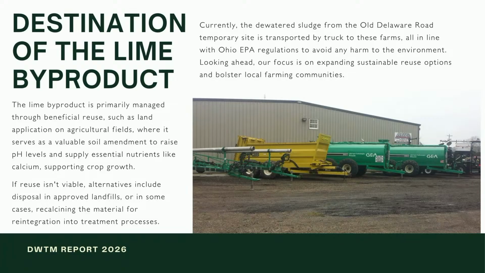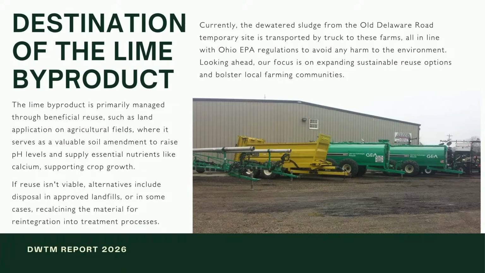If reuse isn't viable, alternatives include disposal in approved landfills, or in some cases, recalcining the material for reintegration into treatment processes, which is basically a large kiln, and you can burn it back into reuse. For the amount that we generate and the cost of that process, that does not make a lot of sense for us, but that is an option for larger utilities.